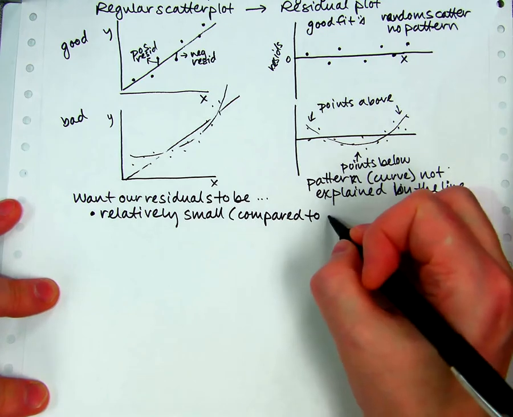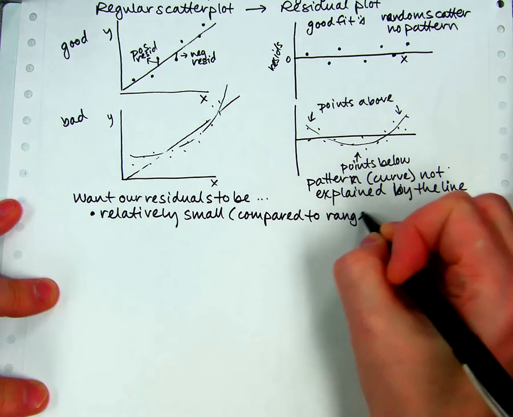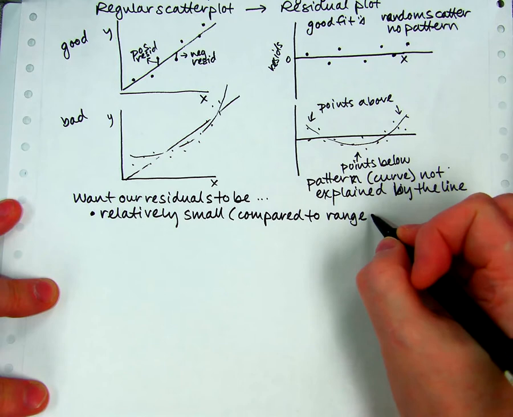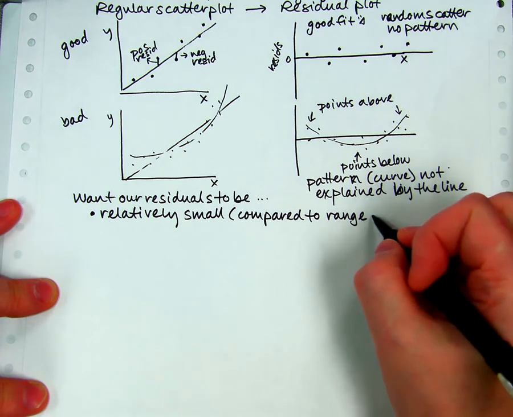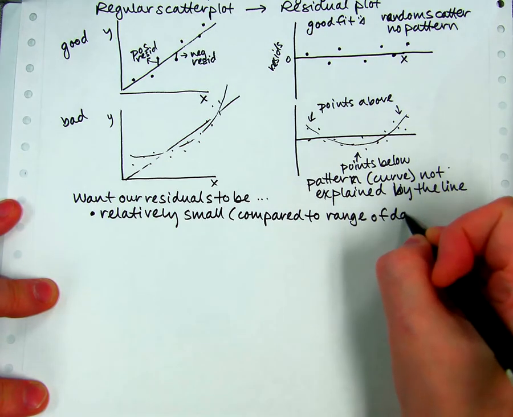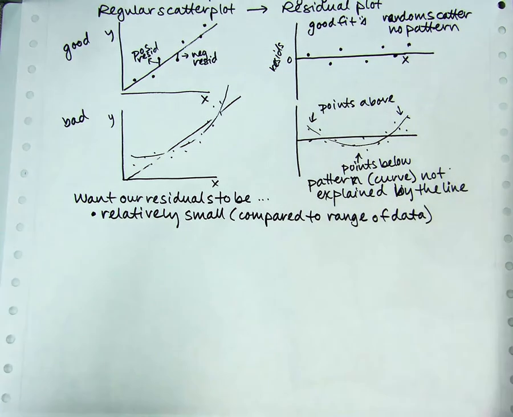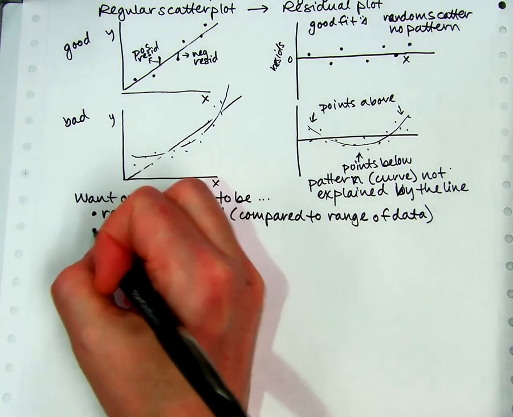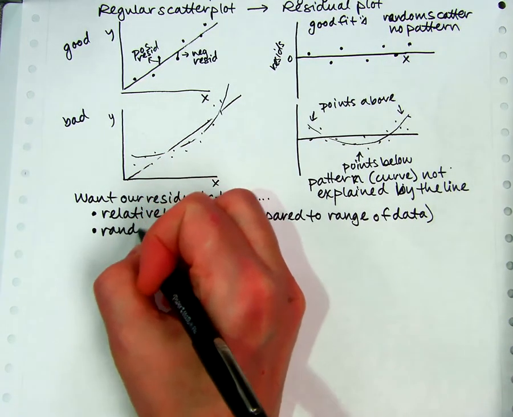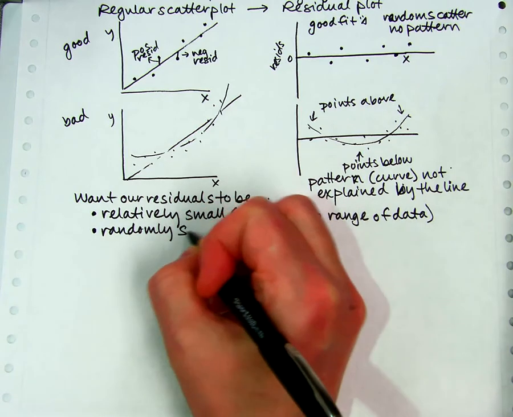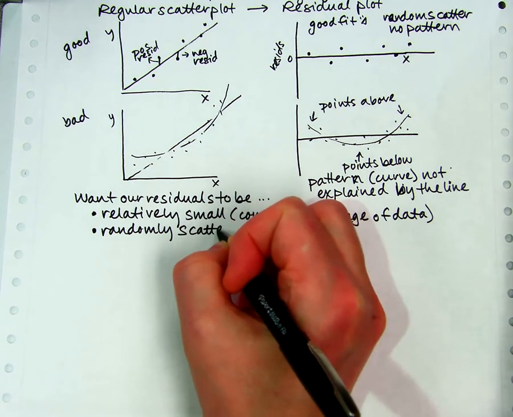We were comparing it to the range of the data. If we're talking about Y values that are spread out a certain amount, we want the residuals to be a lot less spread out than that. So we want the values of the residuals to be pretty small compared to our spread of Y values. And then we also want our residuals to be randomly scattered with no pattern. And that's a sign that the data is linear.